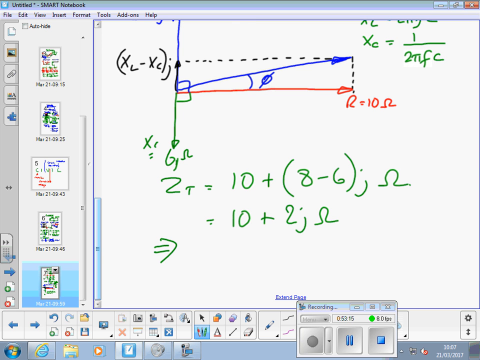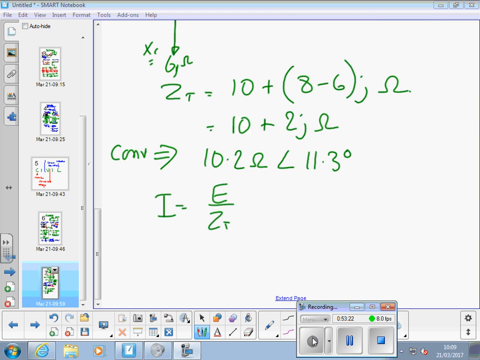We might, in some questions, need it in that form. So convert to polar form. There's E over ZT. That was 24 volts, angle 0, over 10.2 angle 11.3 equals. If an angle's not stated, then you assume 0 degrees.